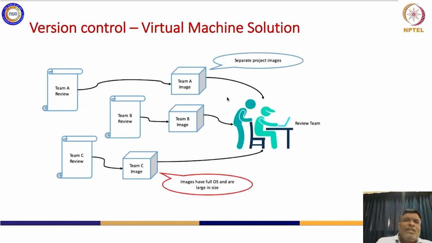Now in this case also, let us say team A review, you have a separate project image. Team B also has a separate project image. So the review team is a bit happy about it. But the only thing is these images have a full OS and are large in size. So that is the only disadvantage here.